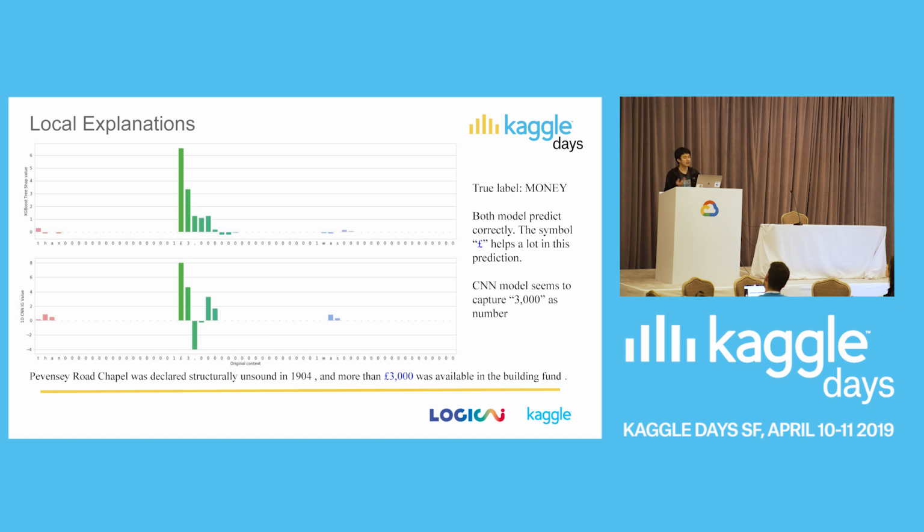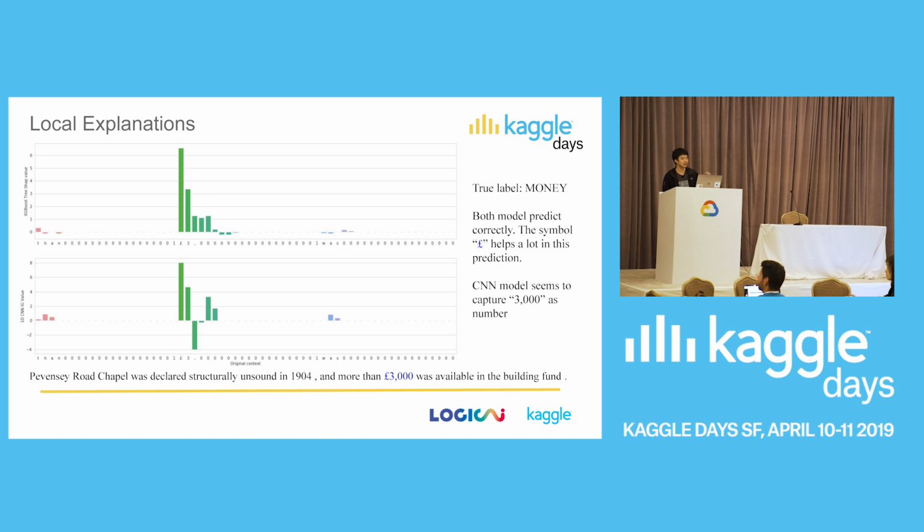Now, in this figure, we can see both models actually predict correctly. Both of them predict it is money. And both of them capture this pound symbol and use it for prediction. There's a little bit of a weird part in the convolutional neural network.